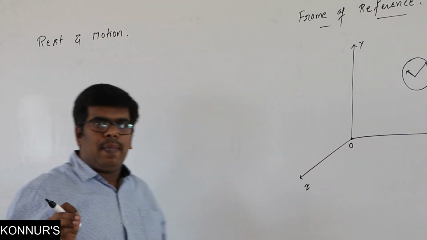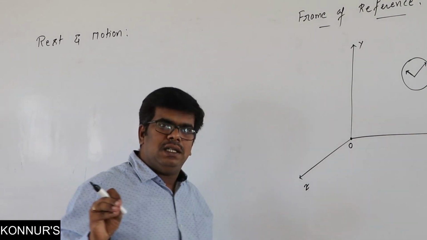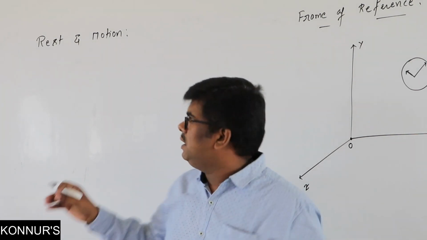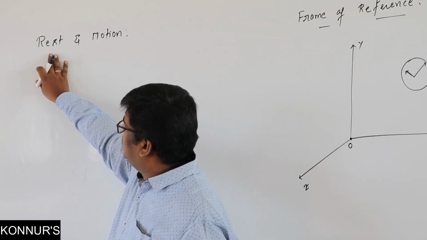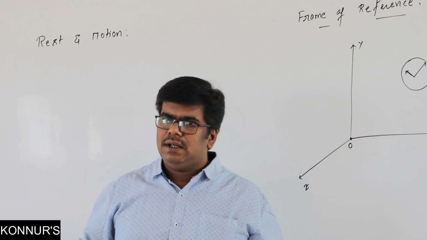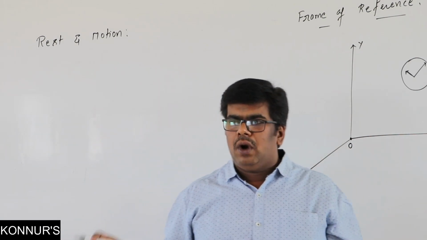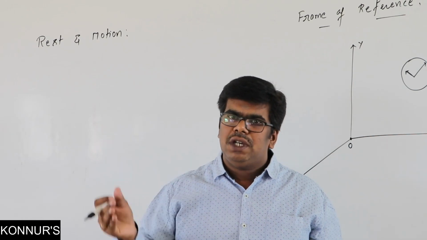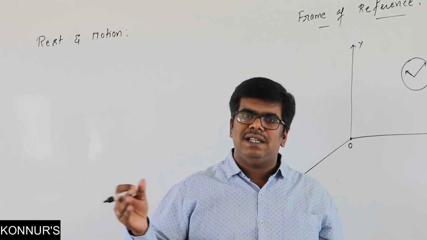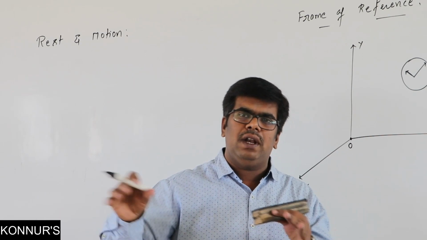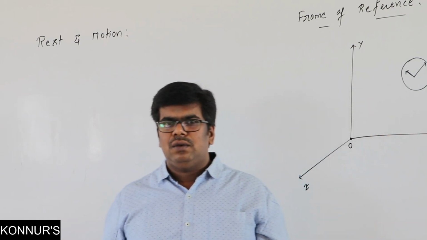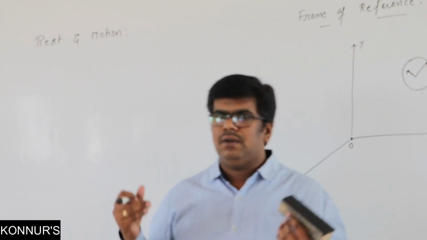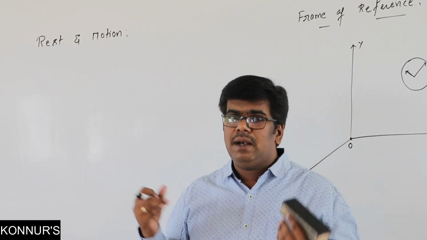What does rest mean? If a body does not change its position with respect to time, then we say that the body is at rest. For example, in this room, if one body is there and its position never changes with respect to time, we say that body is at rest. Or else, if I am moving from one place to another in this room, we can say that I am in motion.